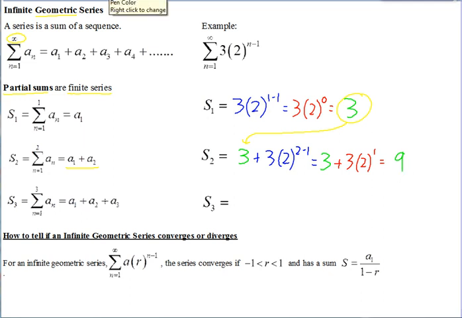That's the sum of the first two terms. And if you find the third one, the sum of the first three terms, well, we already figured out the sum of the first two terms here. a sub 1 plus a sub 2 is 9. So we can start with that. Plus, to get the third term, we would substitute in the next integer, 3, for n.